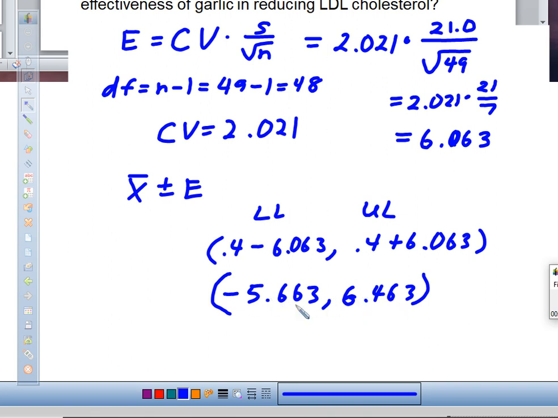So what does it say about the effectiveness of garlic in reducing it? Not much. In fact, my mean was even positive, but it could have gone down, it could have gone up. It really doesn't seem to indicate a whole lot of effectiveness.